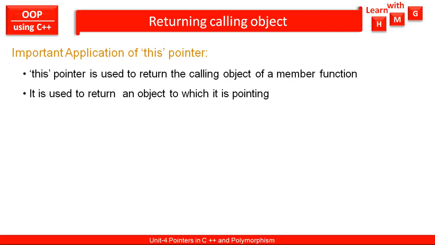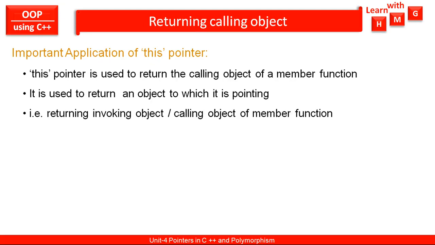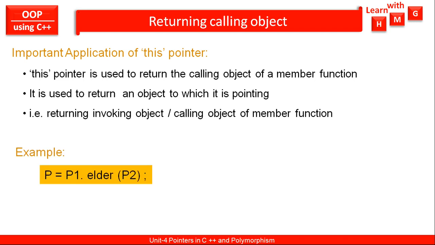So in terms of pointer, the object will be returned, that is returning the invoking object or calling object of a member function. The calling object is also called the invoking object because it invokes the member function using the object dot function format. Let us see the example.